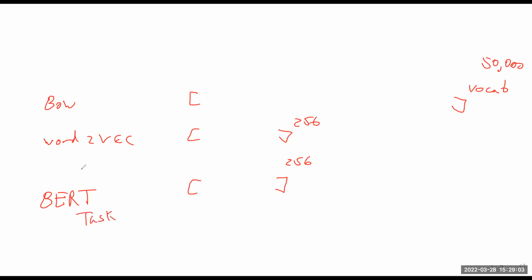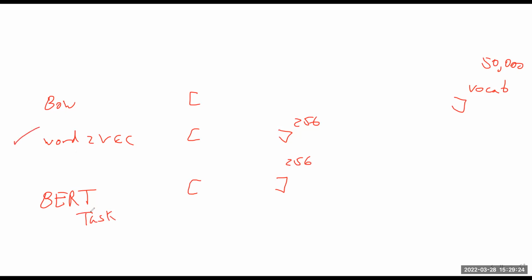Now BERT, so I should say this. If you apply word to vec to 2.5 terabytes of data, and then you take that to any other problem, like using KNN, etc., this is state of the art, one of these algorithms.